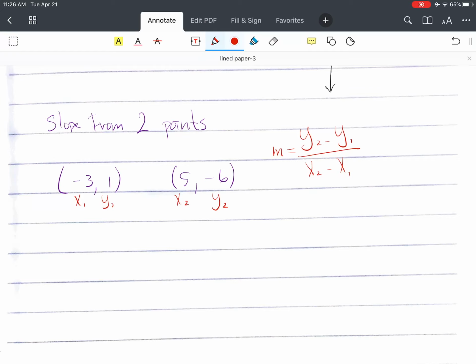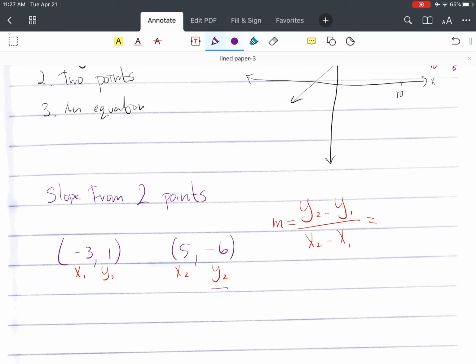Basically, you're finding the difference in y's and dividing it by the difference in x's, which is exactly what the slope is. It's the average change of the y values with respect to the x values.